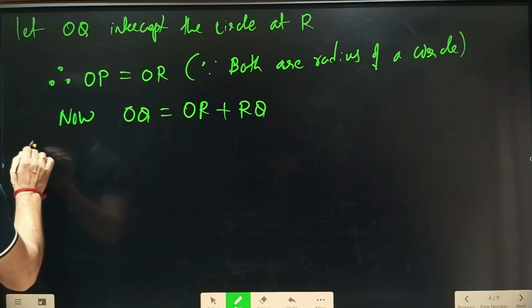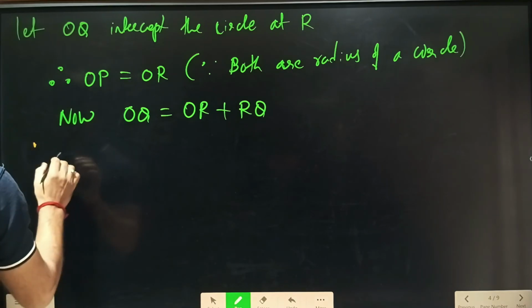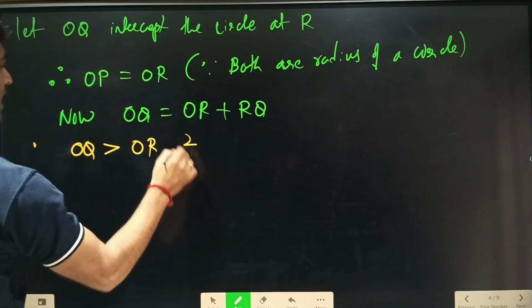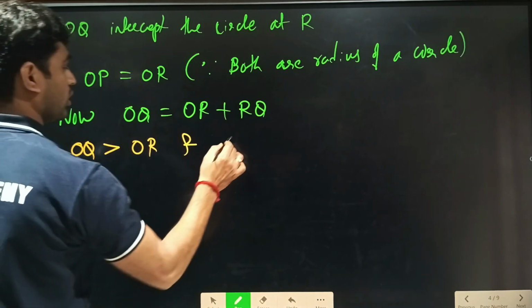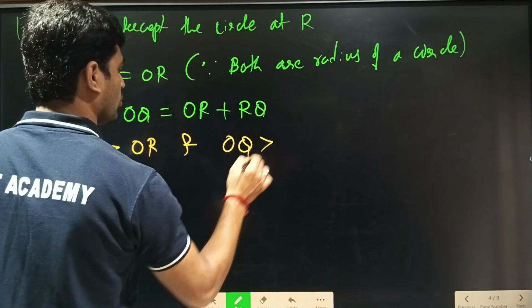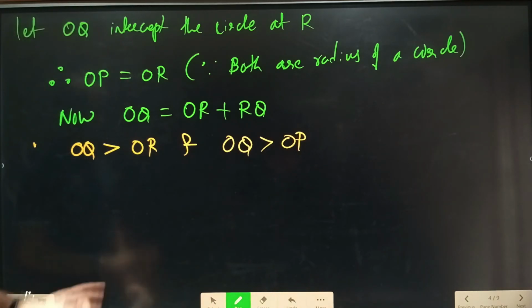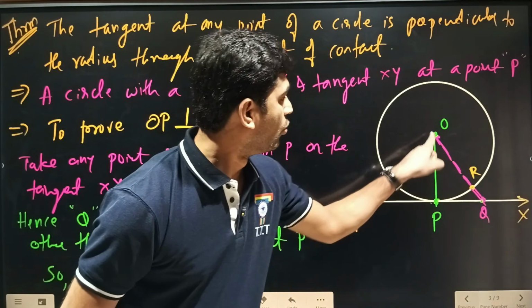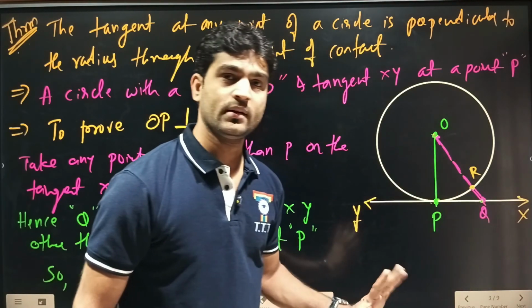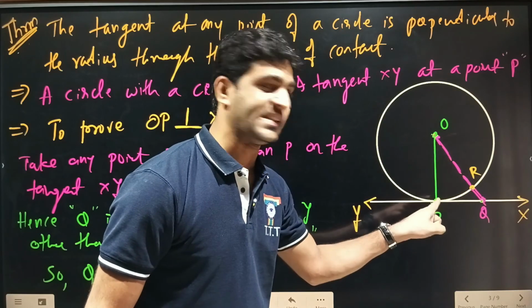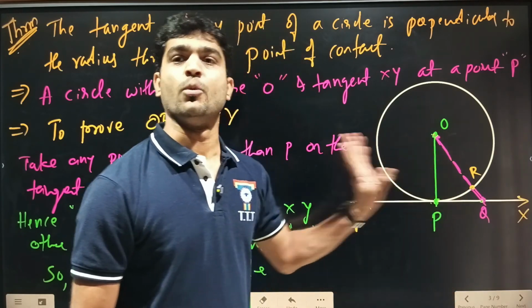Therefore what we can say in this case is OQ is greater than OR, and OQ is greater than OP also. OQ is greater than OR, and since OR and OP are the same, OQ is also greater than OP.